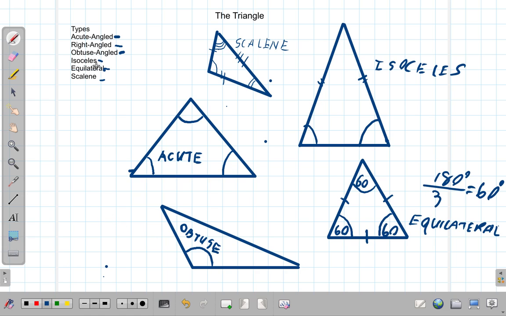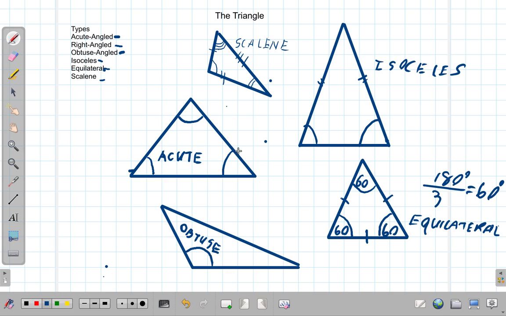The isosceles triangle, where two sides are of equal length, two angles are also equal. And then we have the equilateral triangle, where all the sides are equal in length, all the angles are of equal magnitude, and of course each will be 60 degrees.